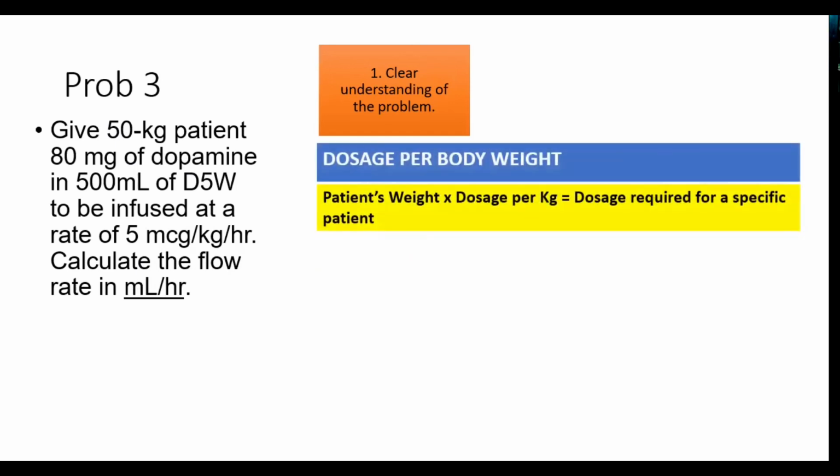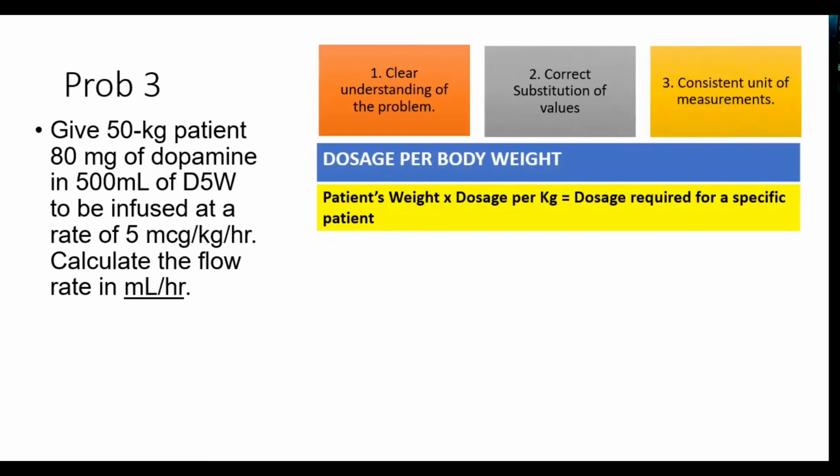This is an example of a problem that combines 2 steps or 2 formulas. So the first thing that we might do is find out the dosage per body weight by having the patient's weight multiplied by the dosage per kilogram, and that will give you the dosage required for a specific patient. Always observe correct substitution of the values and be consistent with our units of measurement.